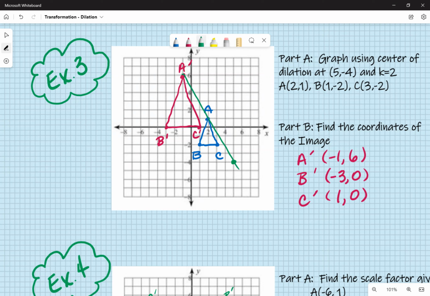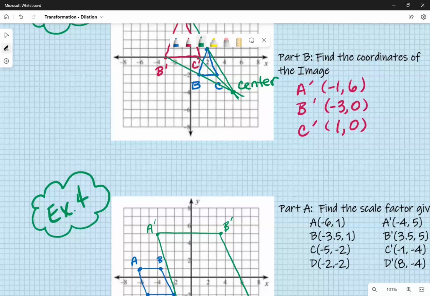You want to do the same with your C and your C prime. Same thing, and then finally B and B prime. And that's how you know that that is the accurate center, even though they already gave you that. But if they didn't give that to you, which is what's going to happen in example 4, that's how you can figure it out.